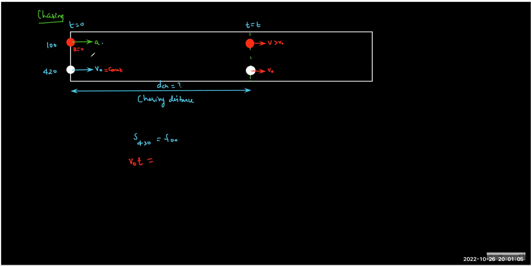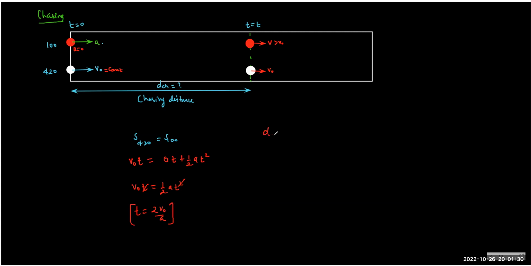The police jeep was standing there, so the initial velocity is 0, right? So ut plus half at squared, because u is 0, it's half at squared. So v naught t equals half at squared. So what is t, guys? t is 2 v naught by a.